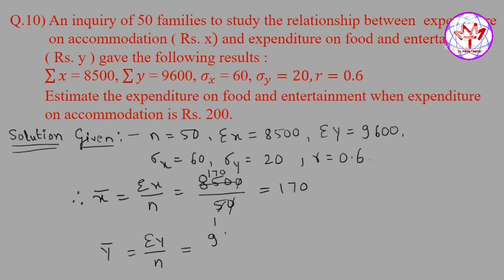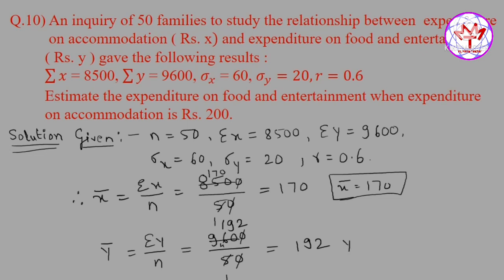Y bar is summation Y upon N. That is 9,600 upon 50. So that comes to 192. So we got X bar is equal to 170 and Y bar is equal to 192.